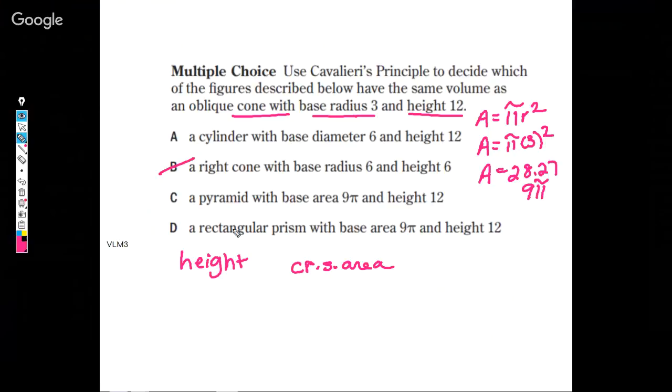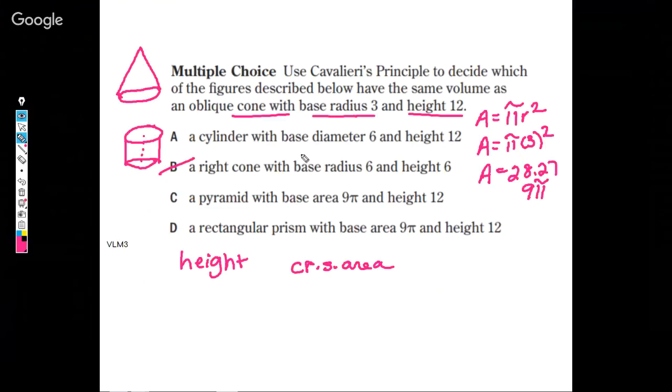So let's look. A rectangular prism with a base area of... Okay, so right away we know, let's see, this is a cylinder with a base of 6. Well, remember a cone forms like a triangle, right? So we know a cylinder, if the base is 6, that means the whole way up it's always going to be the same base.